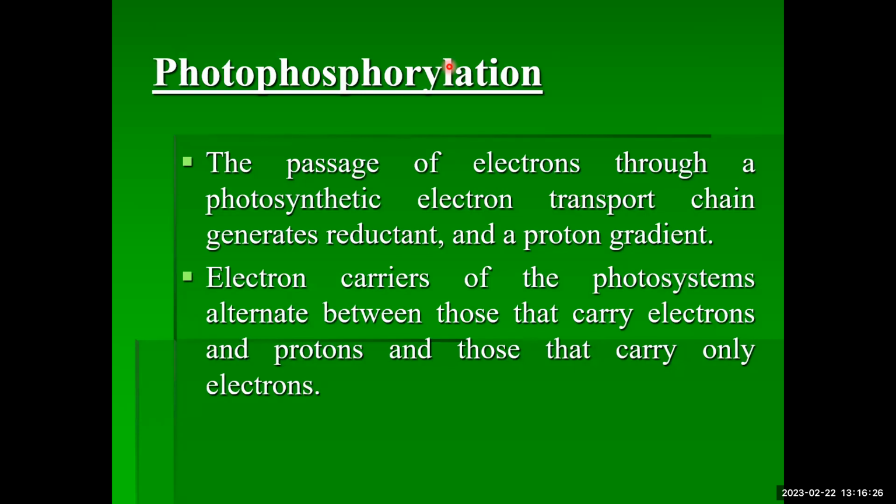It can generate reductant, but it can also generate a proton gradient, just like what we saw in animal mitochondria. Those electron carriers alternate between those that carry both protons and electrons and those that carry just electrons. They also go from the most positive delta E to the most negative delta E, making the transfer of electrons down the chain thermodynamically spontaneous.